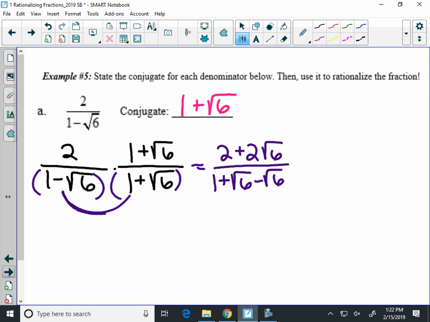And what's negative radical 6 times positive radical 6? Minus 6. All right, well, as usual, this is always going to happen. The middle terms cancel off. So you end up with the same numerator over what's 1 minus 6? Negative 5.